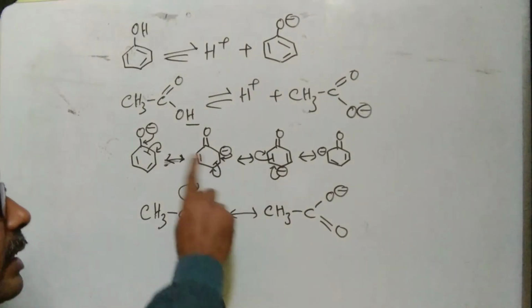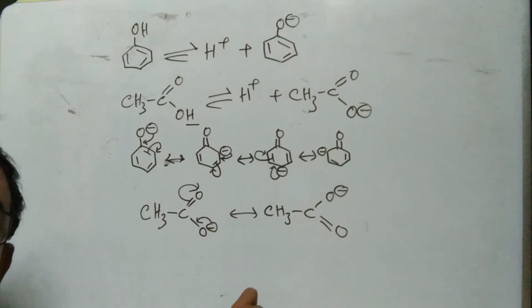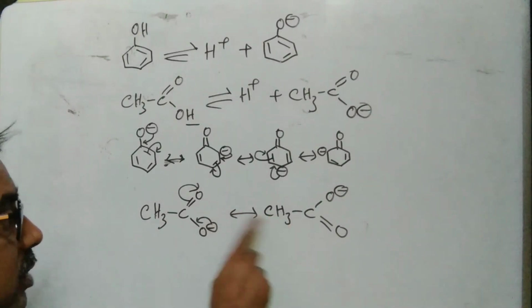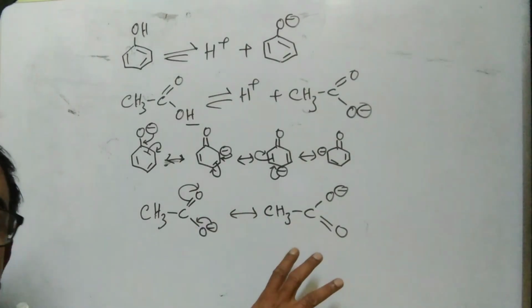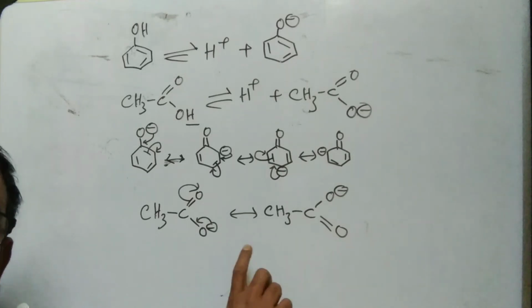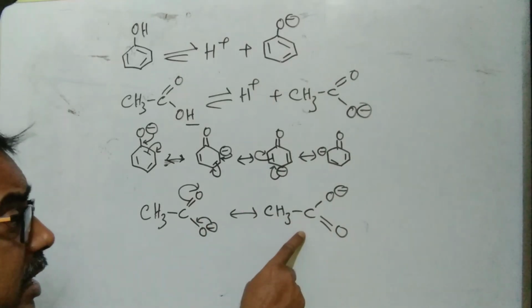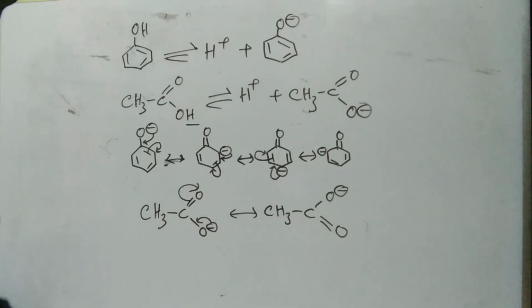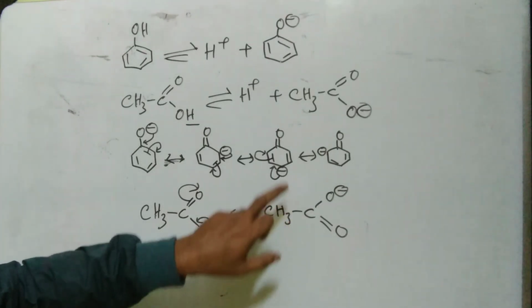Here only 2 and here 4, but still acetate ion is more stable than phenoxide ion. This is because these two resonating structures are exactly the same. They are energetically equivalent, but these are not. Okay, that's why acetate ion is more stable than phenoxide ion.